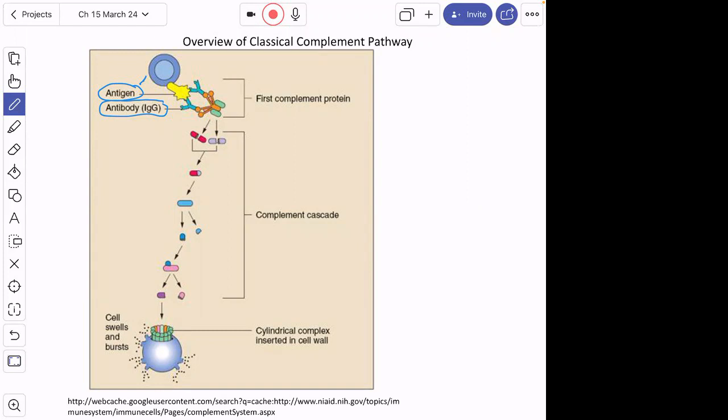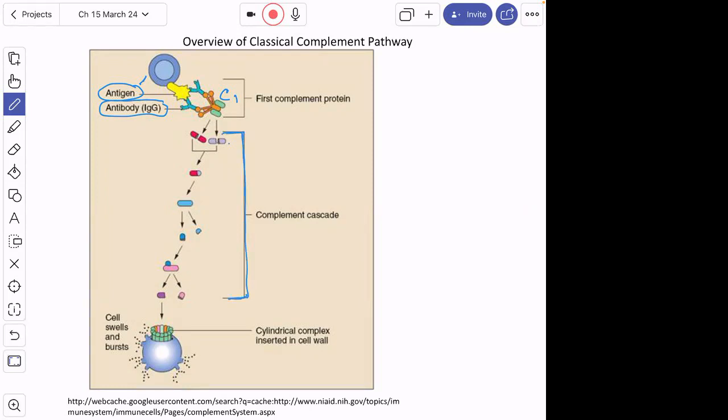When there's an antibody complexed with an antigen, that first complement protein, which we call C1, recognizes that. Then C1 causes other proteins to split. Those bind together, cause another one to split, and so on and so forth. Some of these bits have specific functions that we'll talk about.